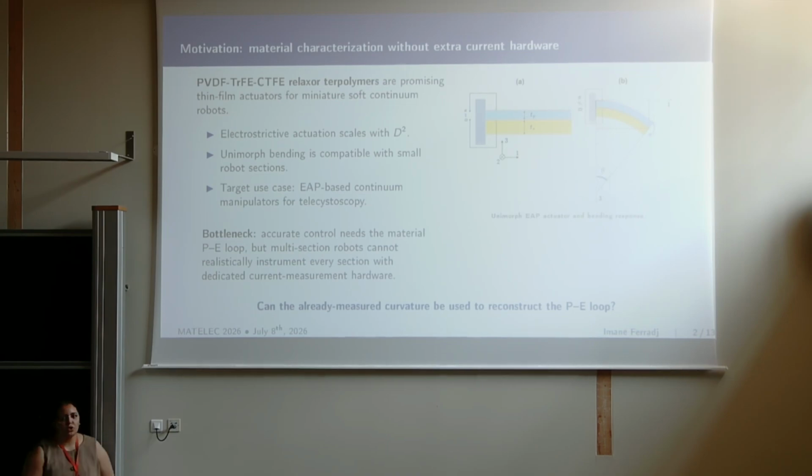in order to control the motion of the actuator, we need to know actually what the polarization electric field loop looks like, because it's one among the nonlinearities characterizing the used material.